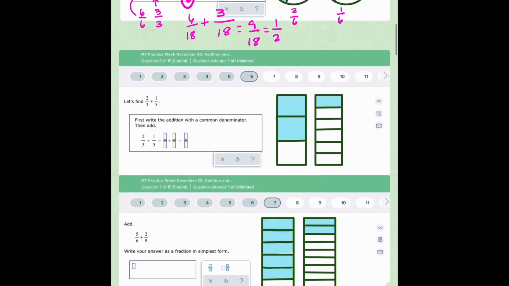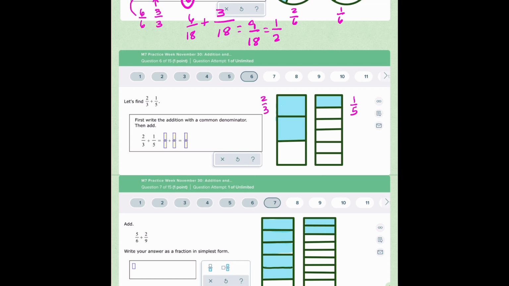All right, in number 6, it says let's find 2/3 plus 1/5. You can see it's a little funky over here. 2/3 is quite a bit bigger than 1/5, and the pieces are really different sizes, right? And so if I wanted to multiply 3 times 5, I would get 15.